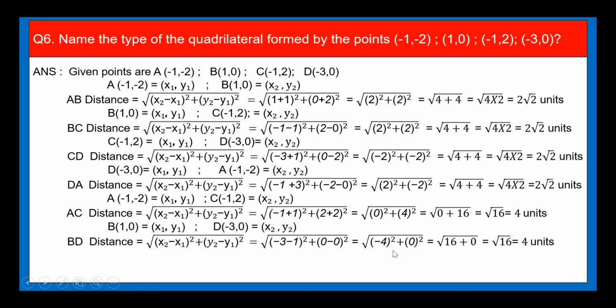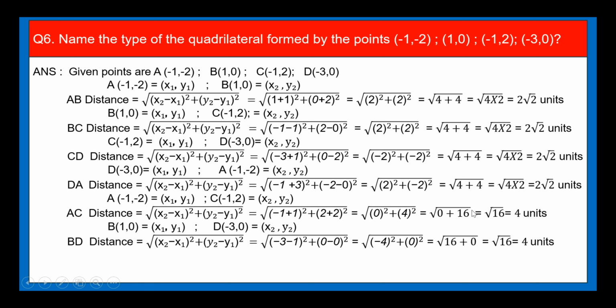Minus 3 minus 1 is minus 4 whole square, 0 minus 0 is 0 squared. Root over minus 4 whole square means minus 4 into minus 4. Minus into minus is plus, 4 fours are 16, plus 0 squared is 0. Root over 16 plus 0 is root 16. Square root of 16 is again 4 units.